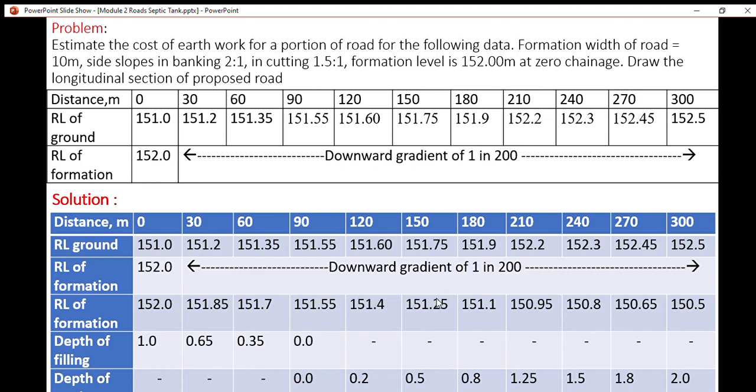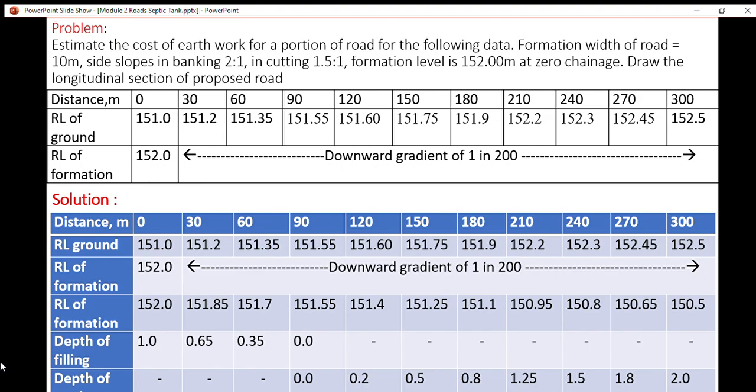Calculate the other values. The difference between the formation level and ground level is the height of filling or depth of cutting. For the given chainage, compare the ground level and formation level. If the formation level is above the existing ground level, then it is embankment or filling.